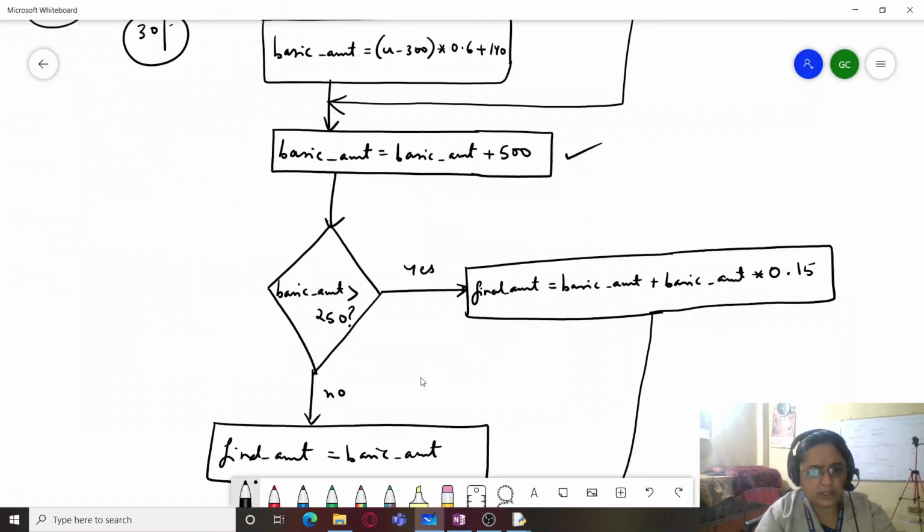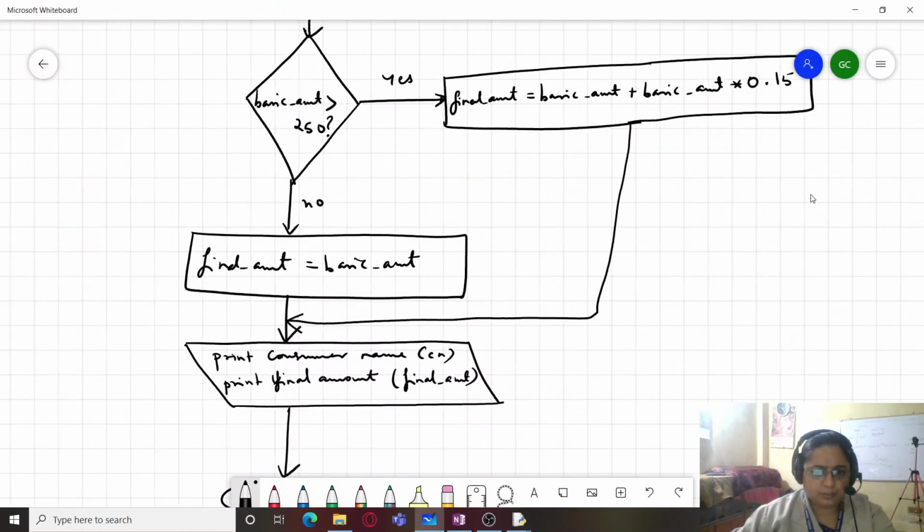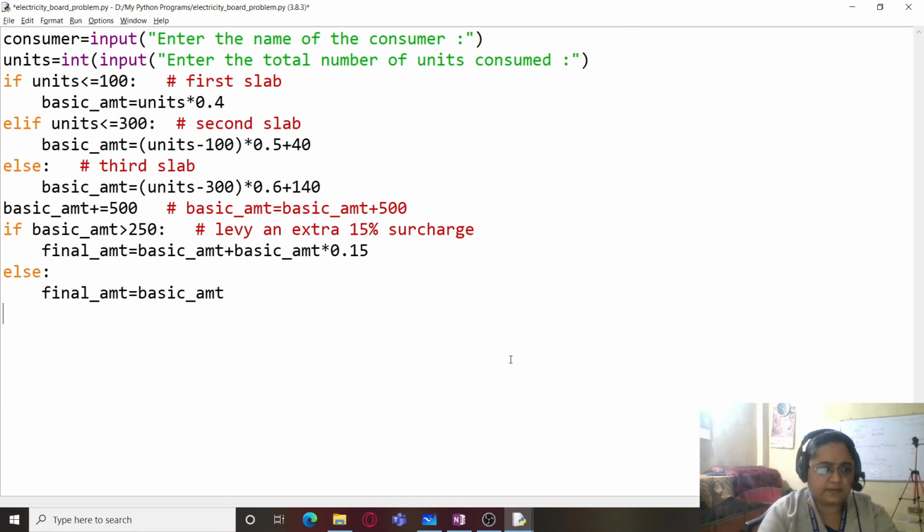Right? And after doing this, we are going to print the customer name as well as the final amount.